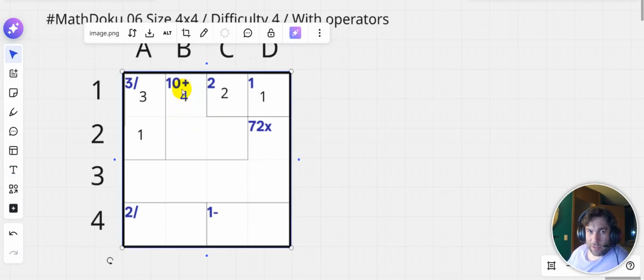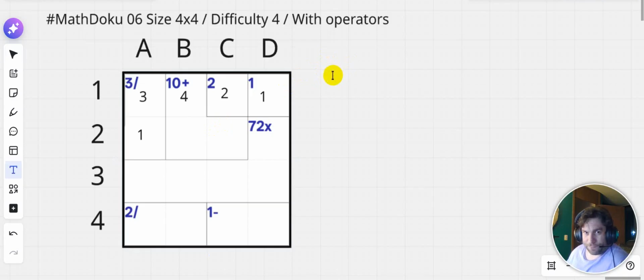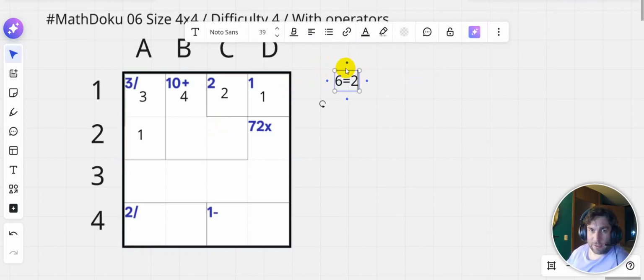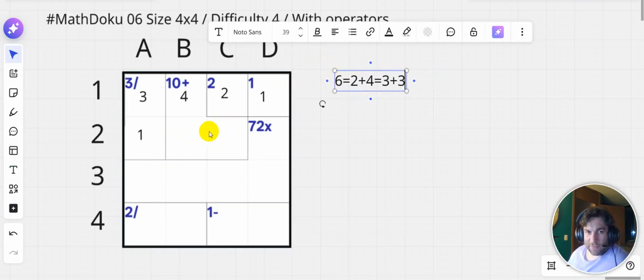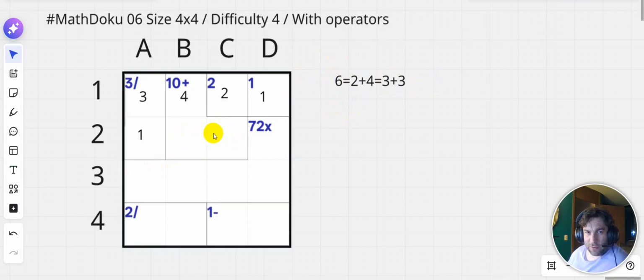Now we look at the rest of what's left from cage B1. The sum was 10, 4 we already know, so there are two numbers, so the sum is 6. A sum of 6 can be only 2 and 4, because it could be 2 and 4 and also 3 and 3, but we cannot have the same number in the same row, so 3 and 3 is impossible, so only 2 and 4.